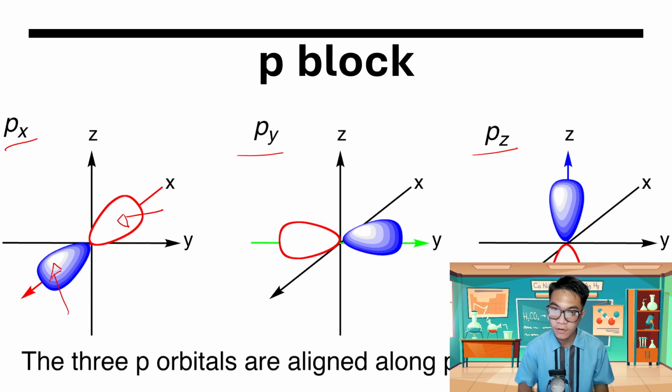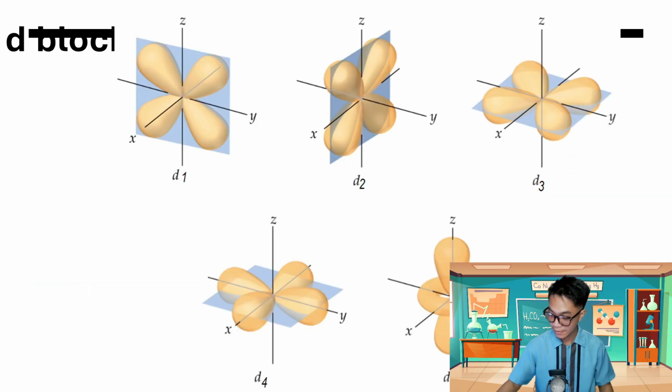Now moving forward with the D block, which can have up to 5 orbitals. Now it just keeps on getting complicated, but this is how it would look like. For the D block, we can only house 2 electrons, right, for each orbital. So around this area in space, we can possibly find electrons moving around.